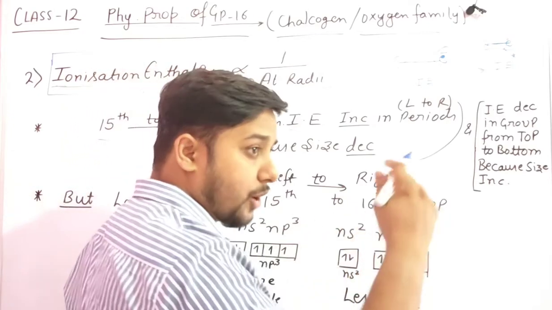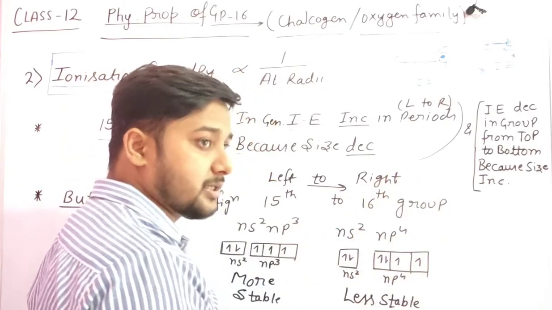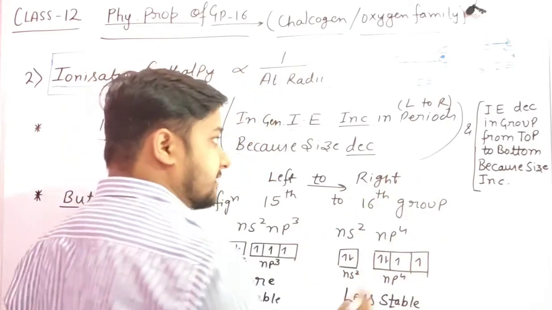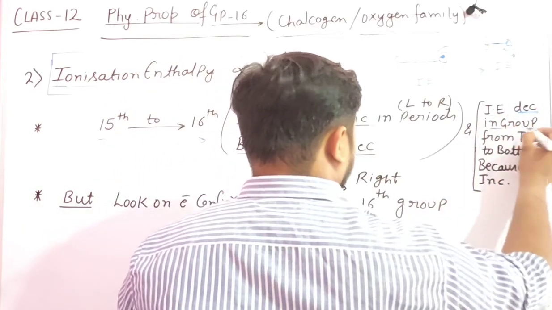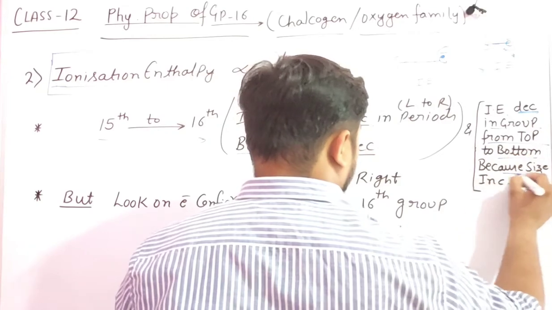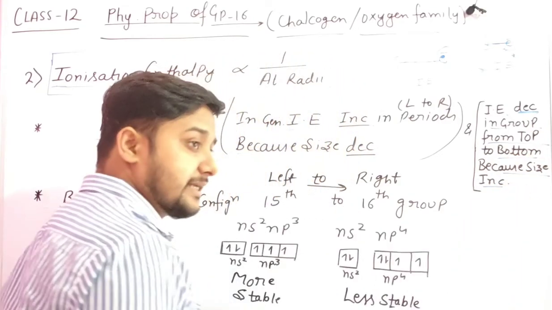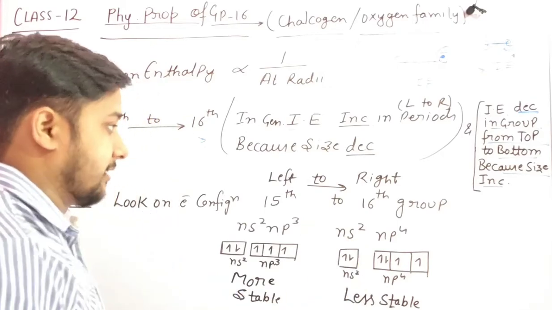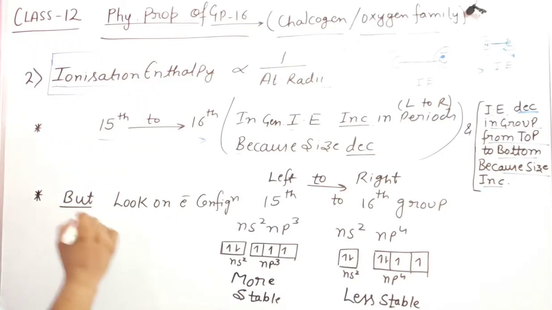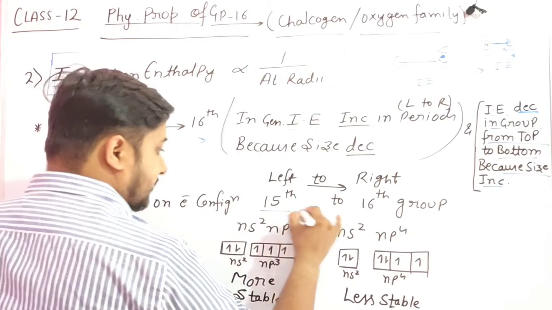When we are moving from top to bottom in a group, the general trend is that ionization enthalpy decreases from top to bottom because size of the atom increases because of introduction of a new principal shell. Clear? Now just focus on group 15 to group 16.